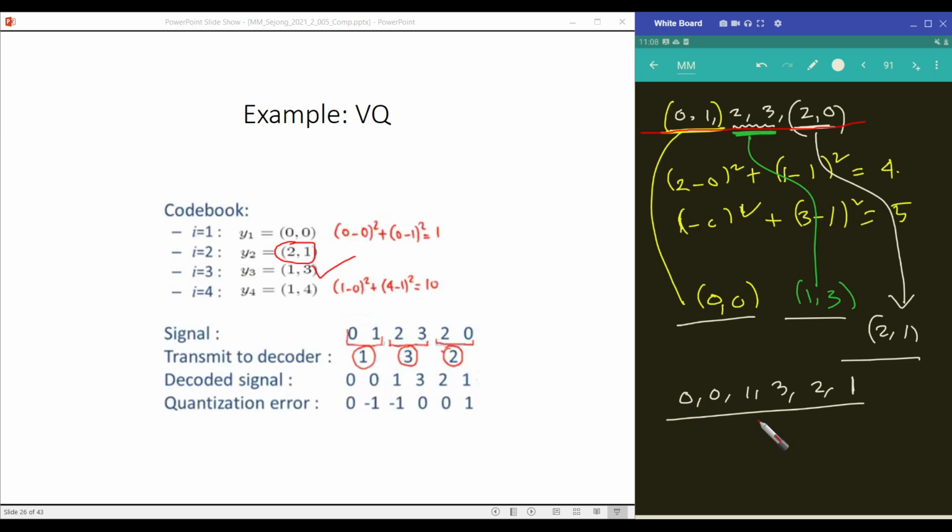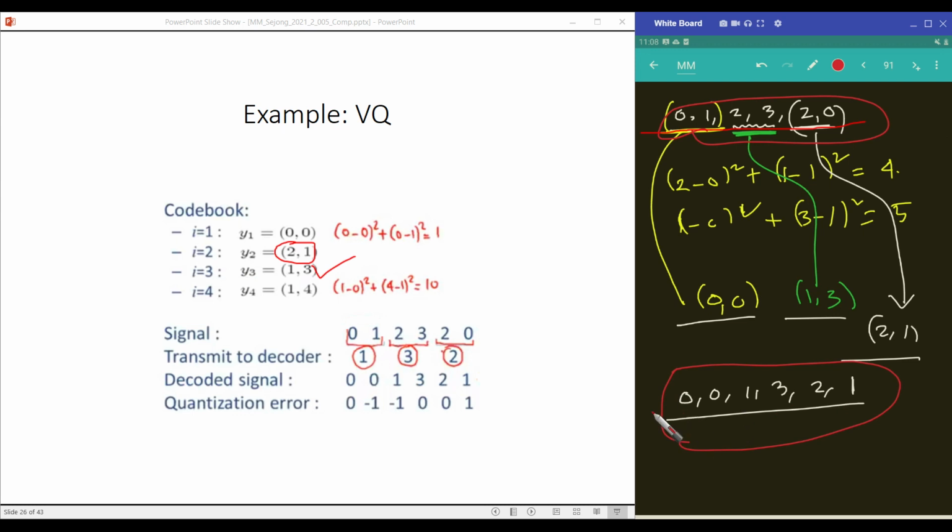Now we can think in this way: this one is our output, the quantized signal, but this was our original signal, right? Definitely there is a difference between these two, and you can easily compare.